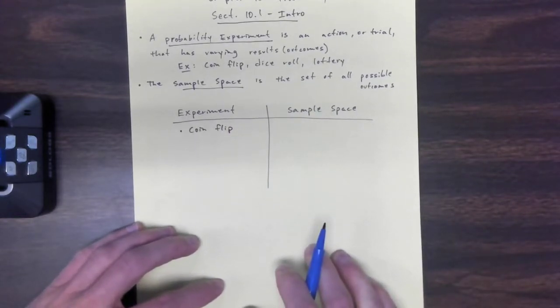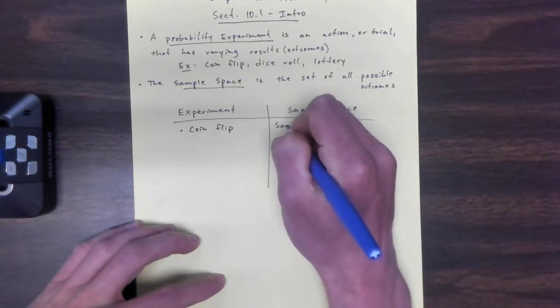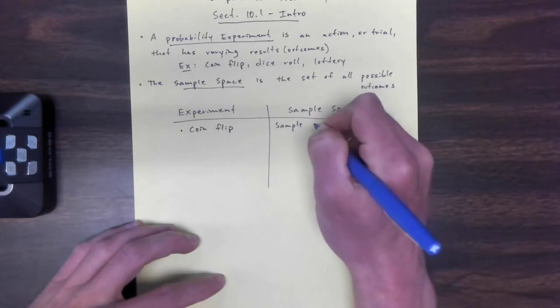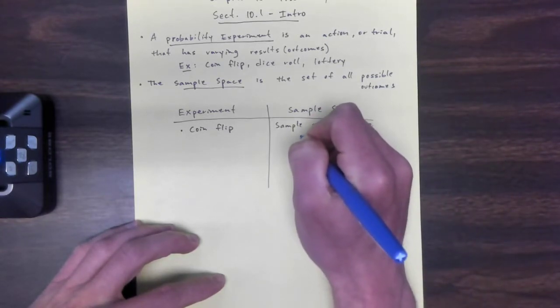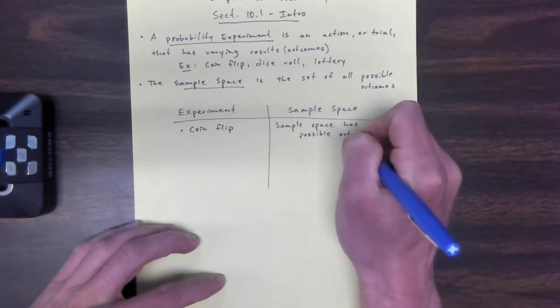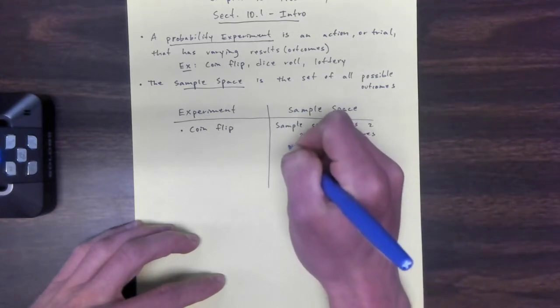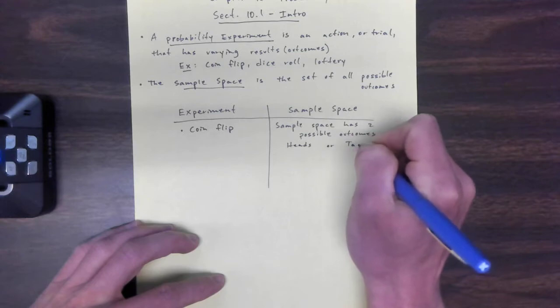What are all the possible outcomes? Well, just heads or tails. So the sample space has two possible outcomes. Heads or tails. Okay.